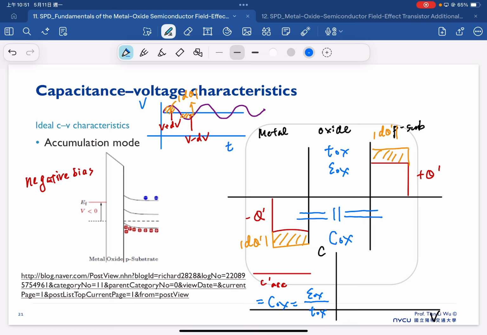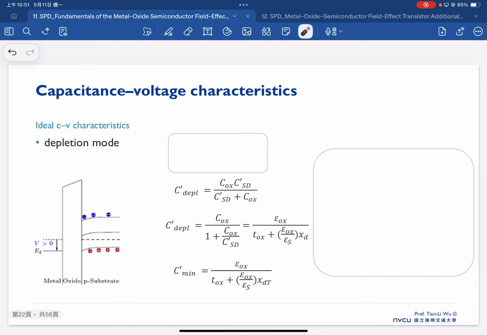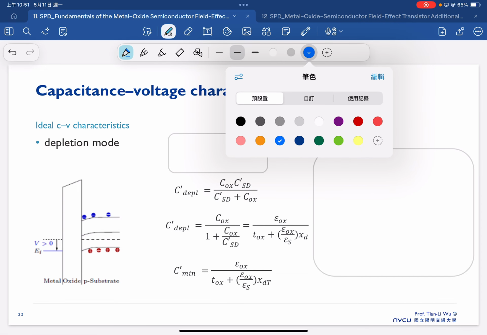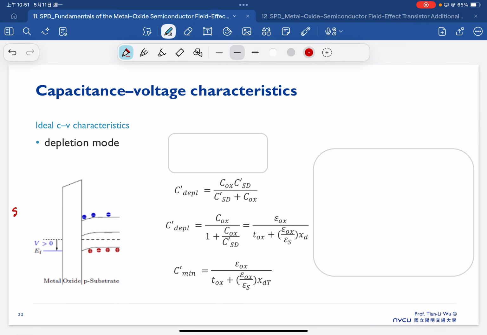And now, the next thing we will for sure be interested in is to continue to increase the bias and understand how this affects the CV characteristic. So the next condition is that we start to consider a small additional bias, a small positive bias.